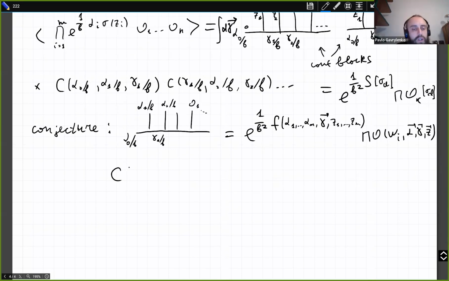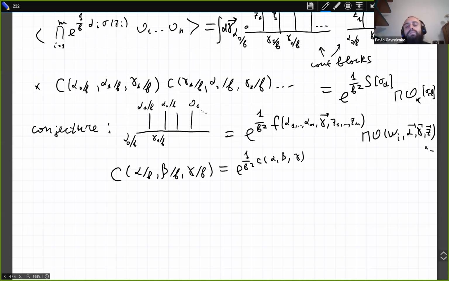3-point functions. C of alpha over b, beta over b, gamma over b, times equals 1 over b squared, some c of alpha, beta, gamma, 1 plus o of b squared.